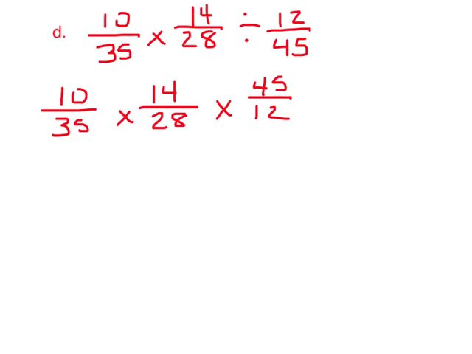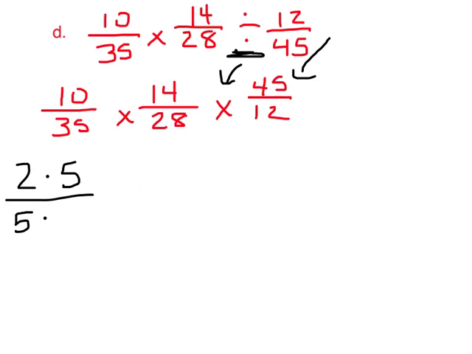Alright, again, the second symbol is division, so we're going to need to change that, and then we're going to need to flip this one, and I've done that for you. 10 is 2 times 5. 35 is 5 times 7. 14 is 2 times 7. 28 is actually 14 times 2, and if 14 was 2 times 7, then I can say 2 times 7 times 2 more.